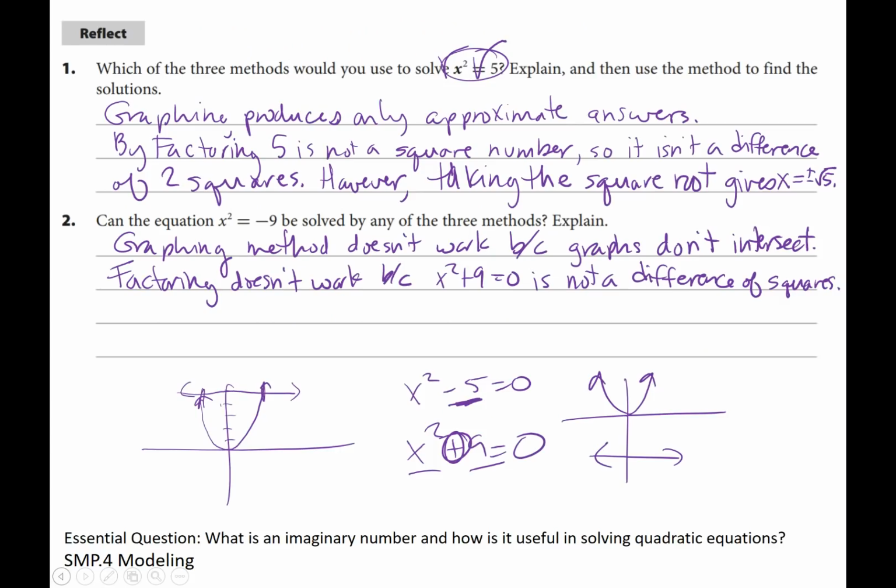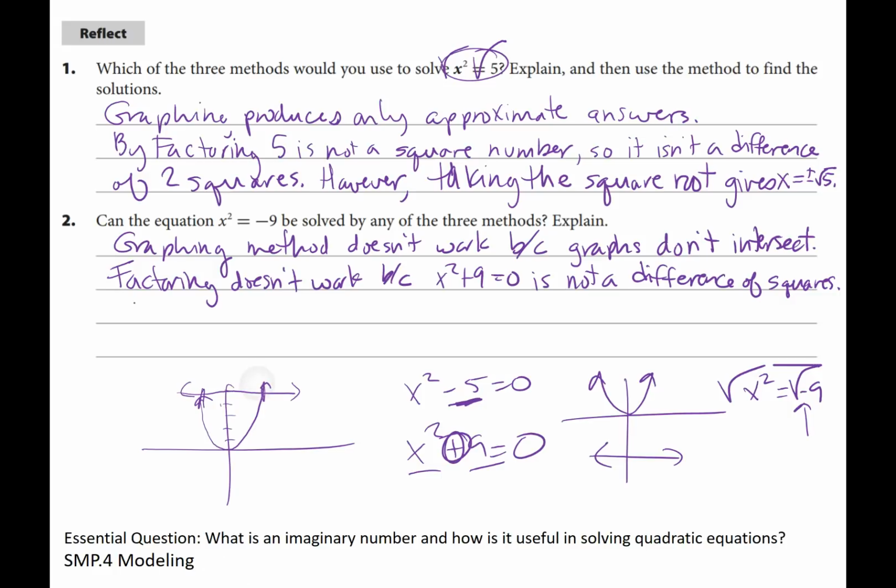All right, then finally we're looking at the square root method. If I go ahead and take the square root of both sides, we now have a square root of a negative. You can't do that, at least not yet. That's tomorrow, okay? We're going to talk about tomorrow how you can do that. But as far as you know right now, you can't do that.